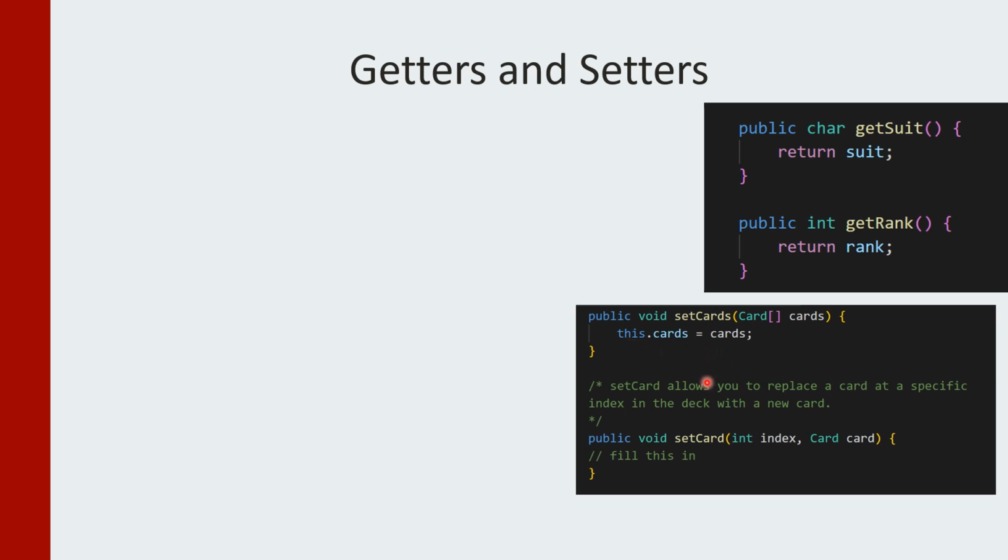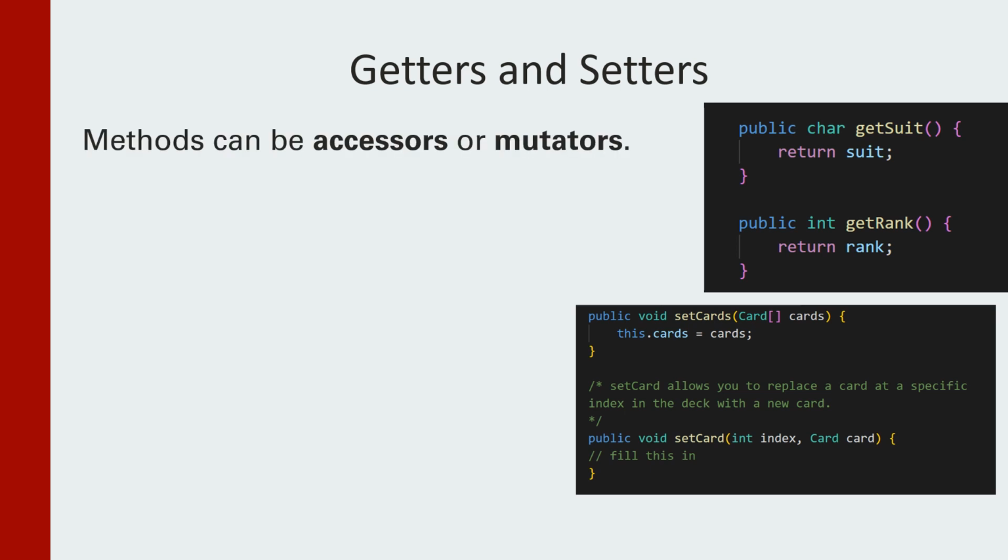Another one that we might have is set card, which takes in an index and some card object and sets the deck at that index to be equal to that card. And so this is the idea of mutating or setting the deck object, changing its state, basically.